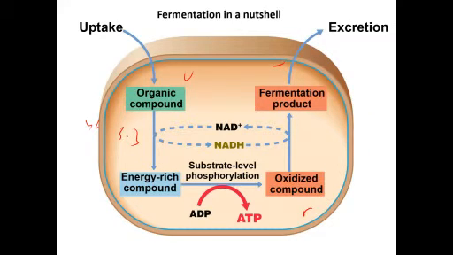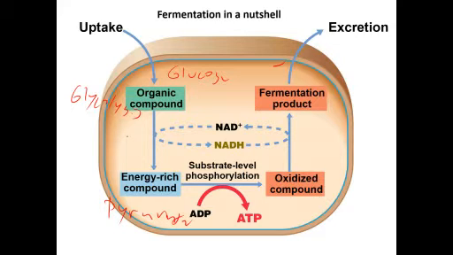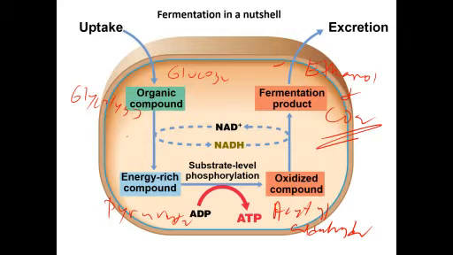Tying it back in with alcohol fermentation, the cell takes up glucose, and through glycolysis, it converts it into pyruvate. Now that pyruvate gets converted into acetaldehyde. Acetaldehyde is then converted into ethanol and CO2.